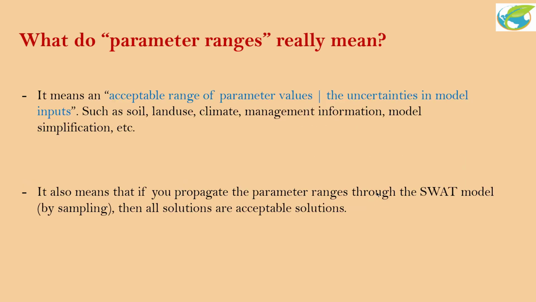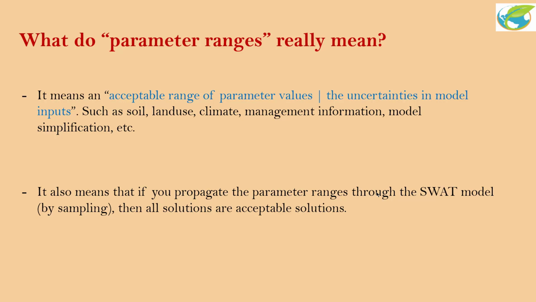Now, often people ask me, so what do these parameter ranges mean? So what can I do with them? Now I calibrated the model and I have these calibrated parameter ranges. So the answer is that the calibrated parameter ranges are acceptable ranges of parameter values given the uncertainties in your model.